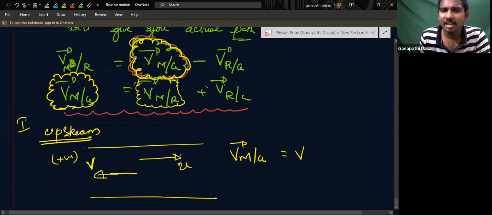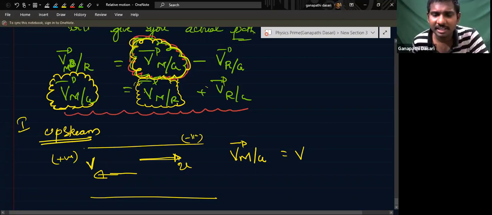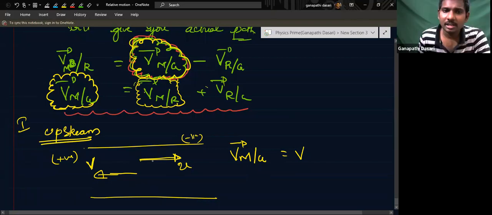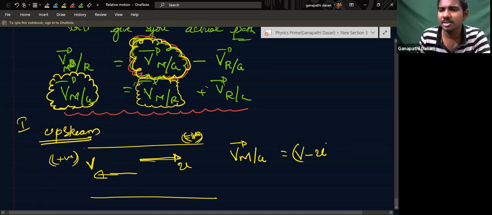And the velocity of the river with respect to ground is going in which direction? Negative direction. Velocity of the river is u here, going in the negative direction. I'll take this positive, and this becomes negative. Is it v minus u or not?